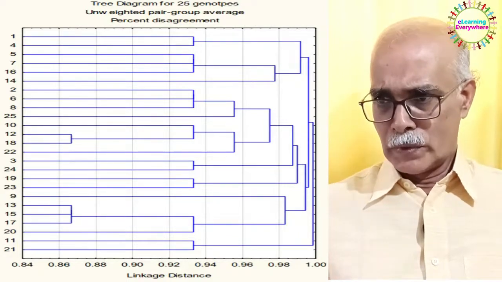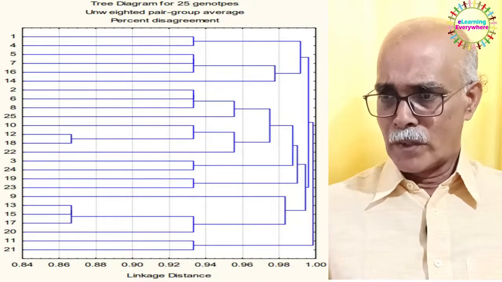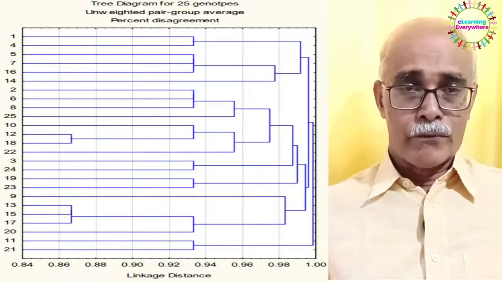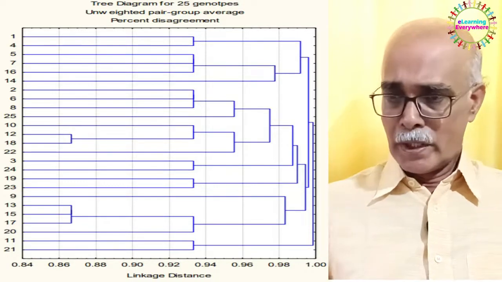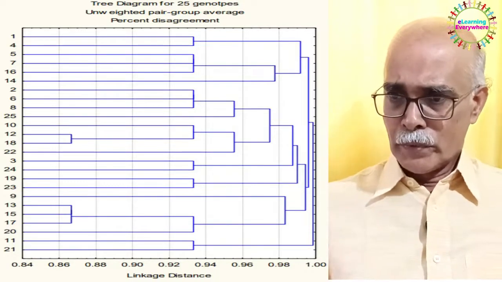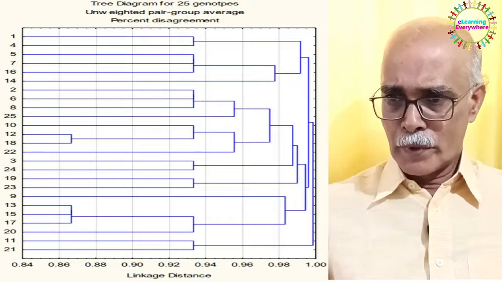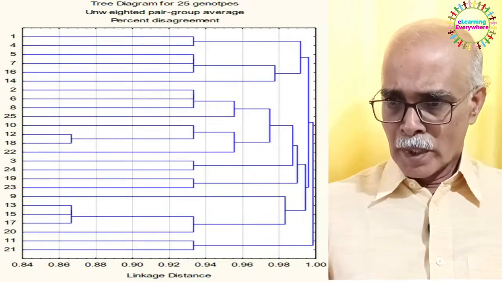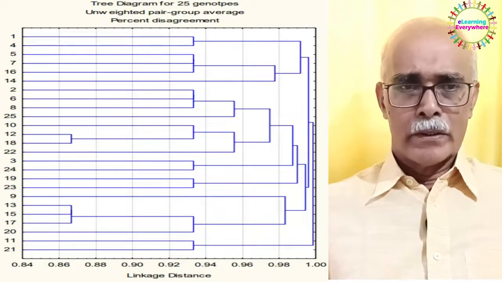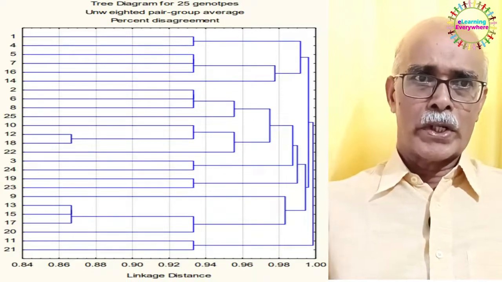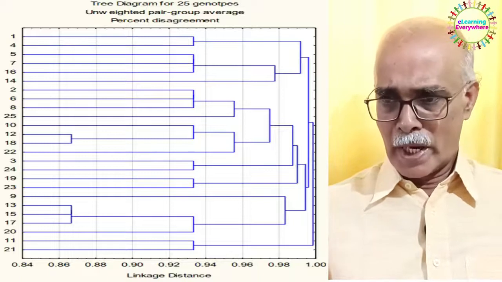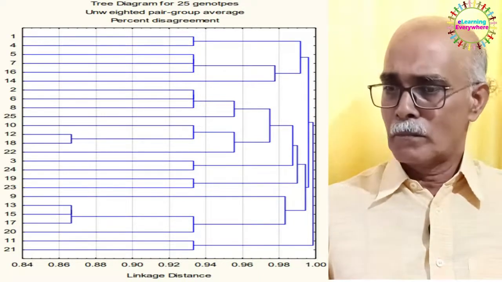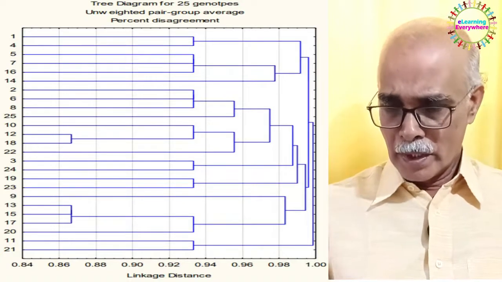And then also there are different levels of splitting. In the case of the first division, 2 clusters were produced, and one cluster consisted of only 2 genotypes, and all the other 23 genotypes clustered together.